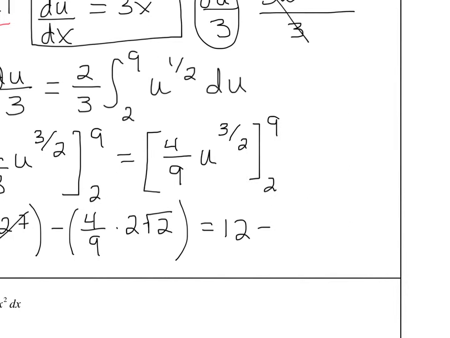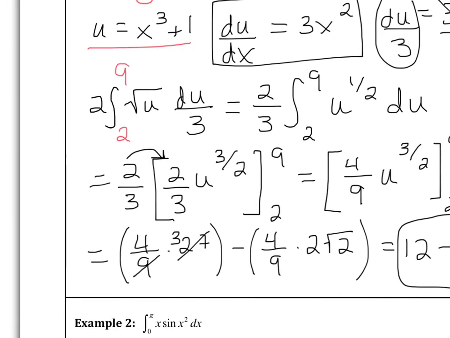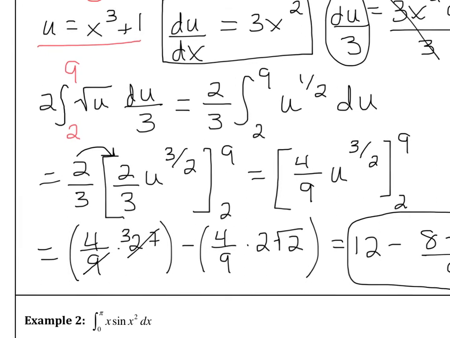I don't think that's going to get much prettier than 8 root 2 over 9, and there's no reason for us to leave it any differently than this. Please check my arithmetic. It's been a long day. But hopefully you get the idea, right? The major step for this problem was simply changing our limits of integration so that when we got to the definite integral step, we didn't even have to think. Okay? Let's try the next one.